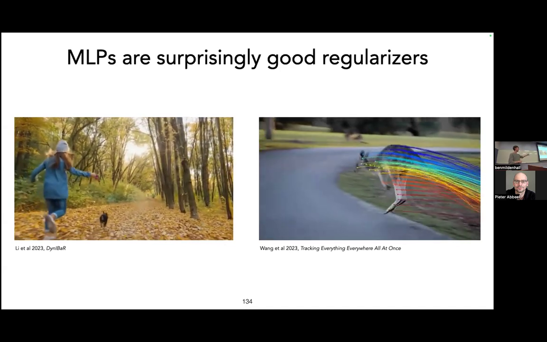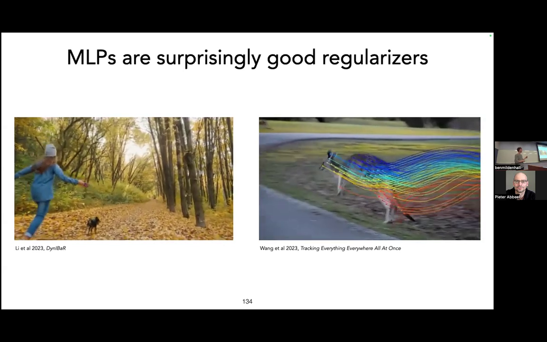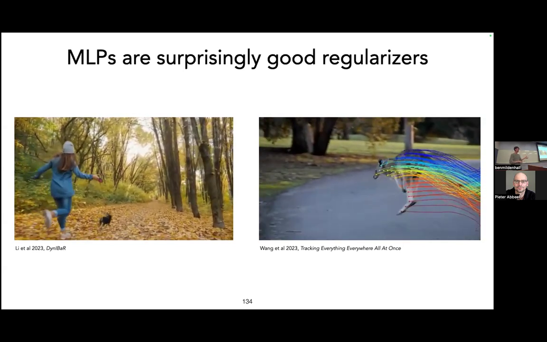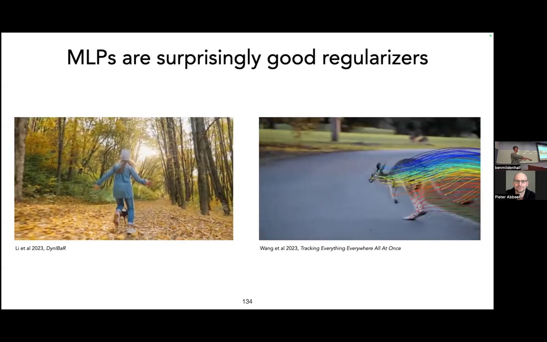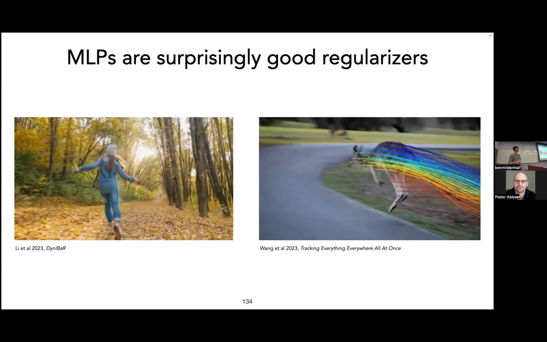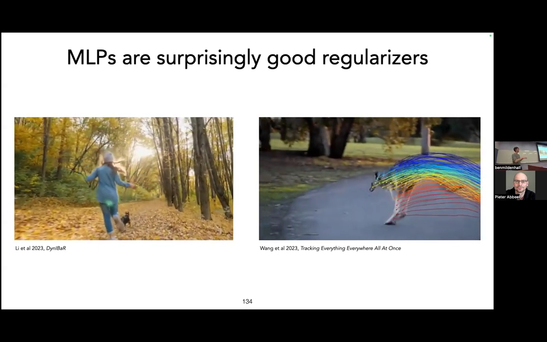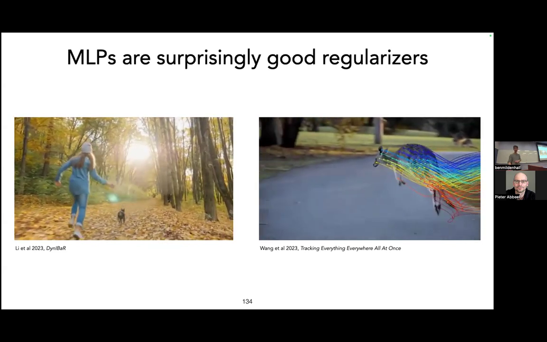So even if the underlying scene representation is still a grid in something like deformable Nerf, the idea of using an MLP to track, from time t to time t plus 1, where does this point move, actually has a very low frequency spatial signature that maps very well onto the kind of smoothness that an MLP imposes on the reconstructed signal it encodes.